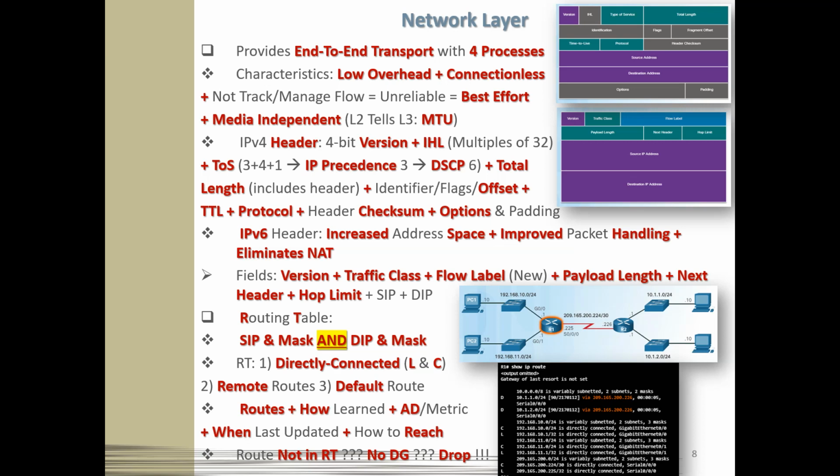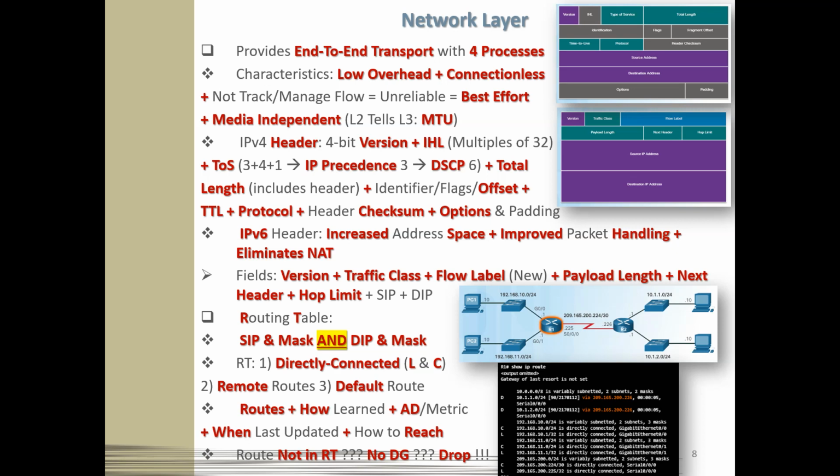When we say network layer is unreliable in this context, what we mean is that there is no capability to manage or to track or to recover from undelivered or corrupt or out of sequence packets. Packets that have been delivered not in the correct order cannot be tracked and therefore cannot be fixed or recovered.